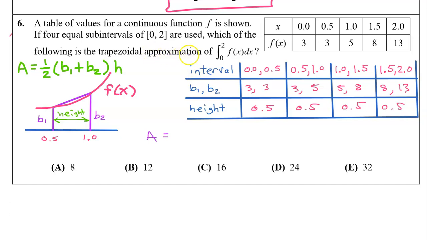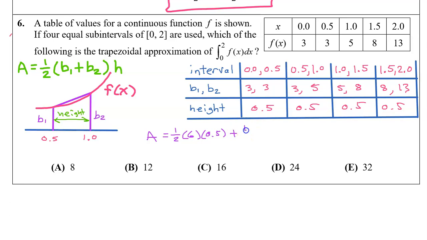The trapezoidal approximation of this integral will be the sum of the areas of these 4 trapezoids. So remember, the area of a trapezoid is 1/2 base 1 plus base 2 times height. So we have the 1/2 base 1 plus base 2, so that's 6, times the height of 0.5.